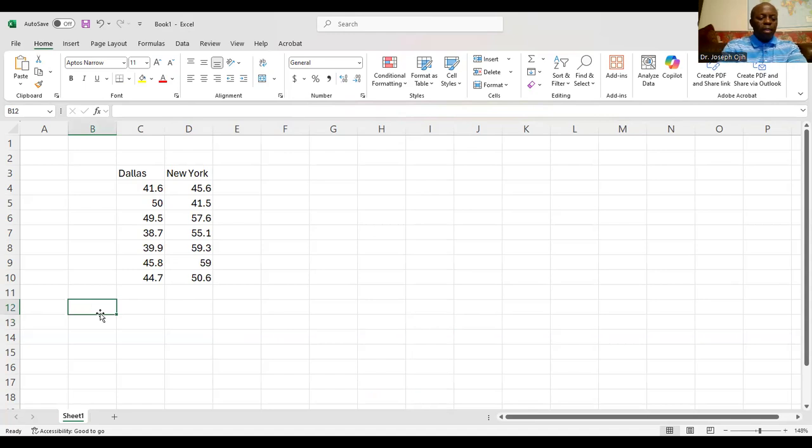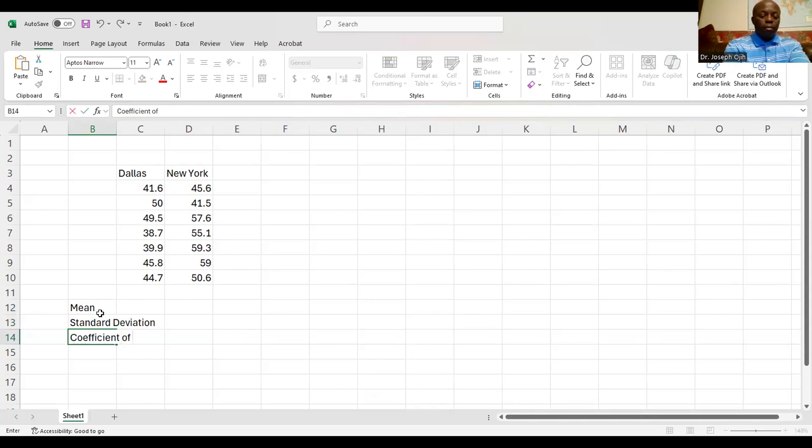So we're going to calculate the mean, calculate the standard deviation, then calculate the coefficient of variation. So these are the three things.